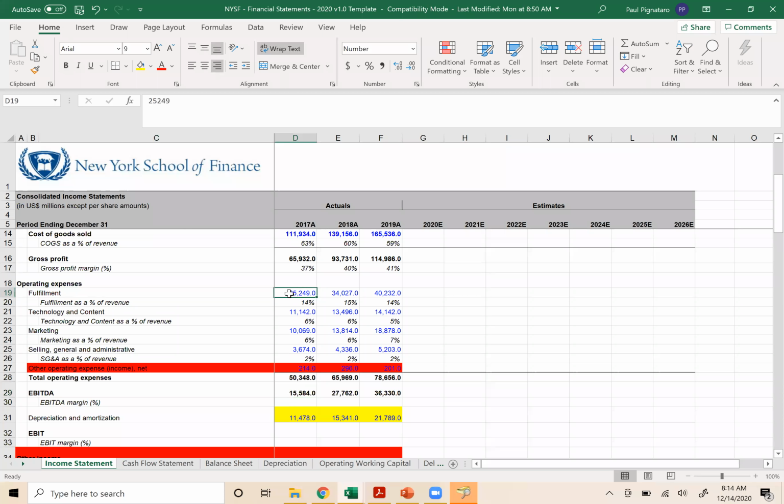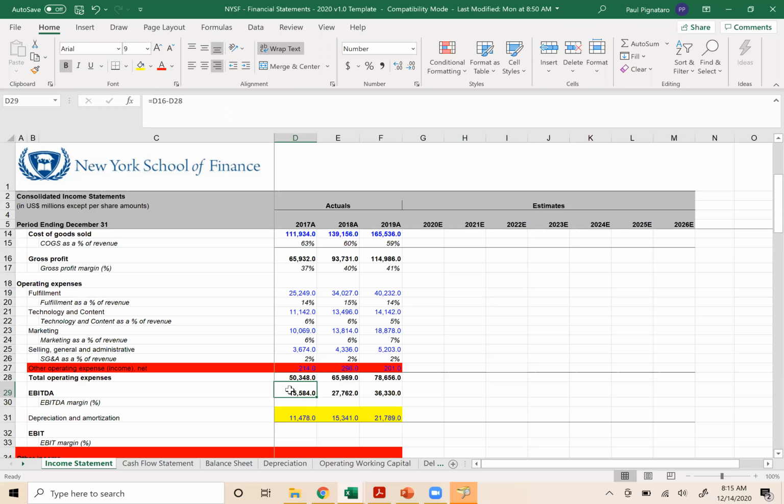If you accidentally took it out of technology and content and not fulfillment, guess what? Your EBITDA number is still going to be 15 million. My point is, it doesn't really matter where depreciation has come out of up here, because as long as it's been removed up above, you are creating EBITDA. And that is the most important number for our analysis.